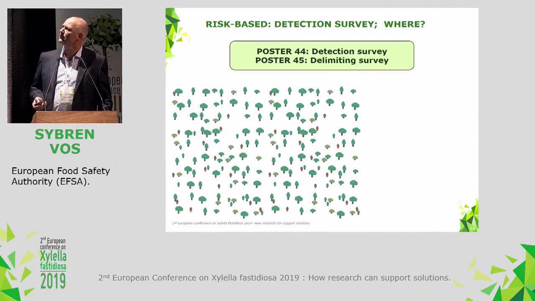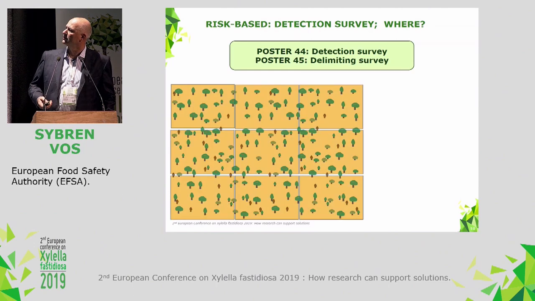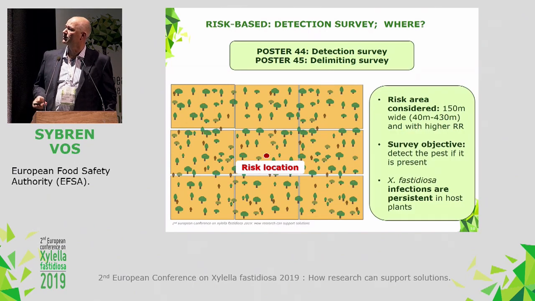Regarding risk-based detection surveys, we have some posters that were hanging with more detailed information. If you have not had the time to look at them, I invite you to go and have a look. This image shows a target population, and within this target population, we can divide some epidemiological units. In the middle, we have a risk location that we have identified according to the procedure that was explained before.